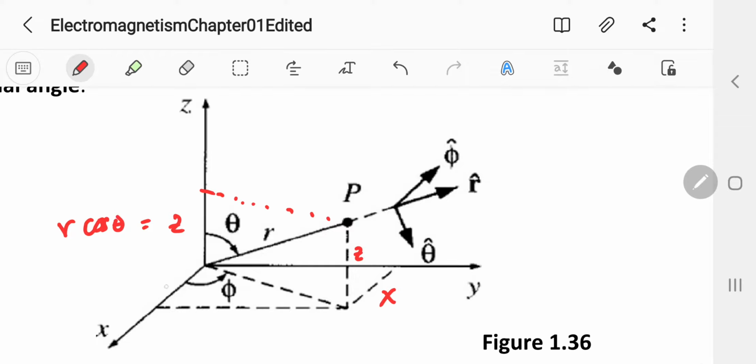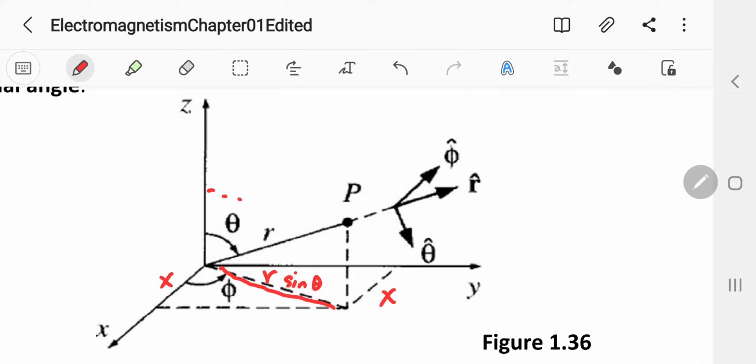So what is this projection here? The projection in this one here is just r sine theta, right?